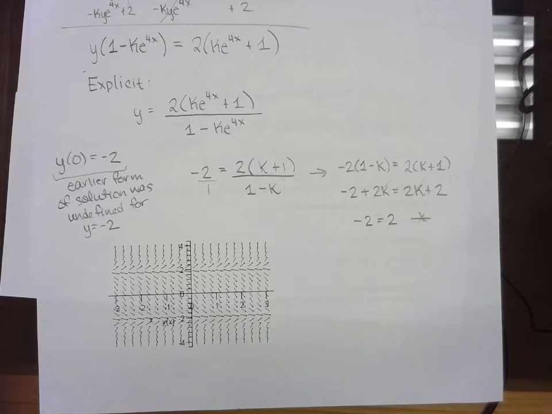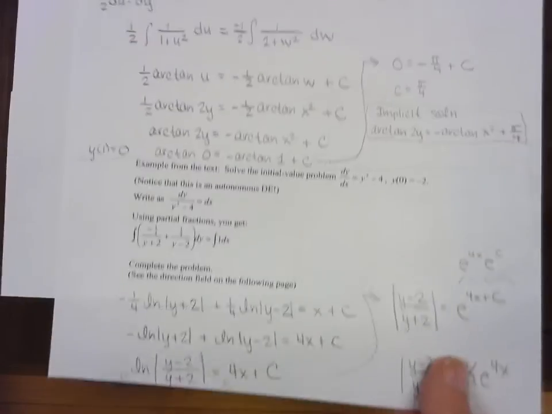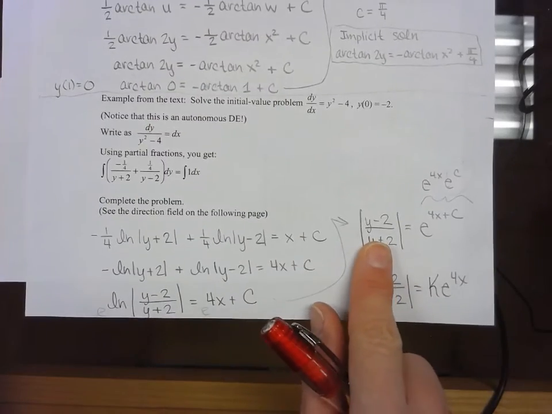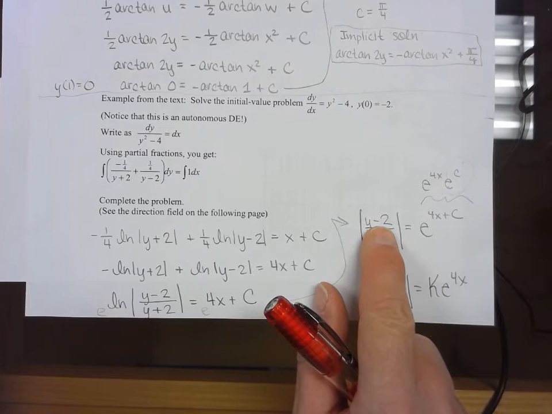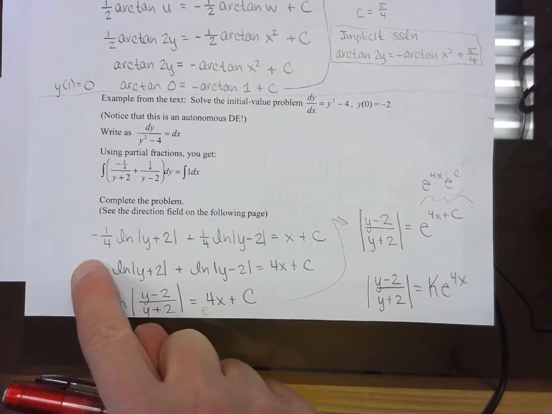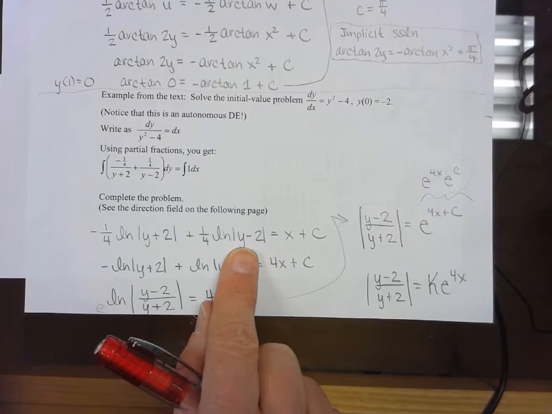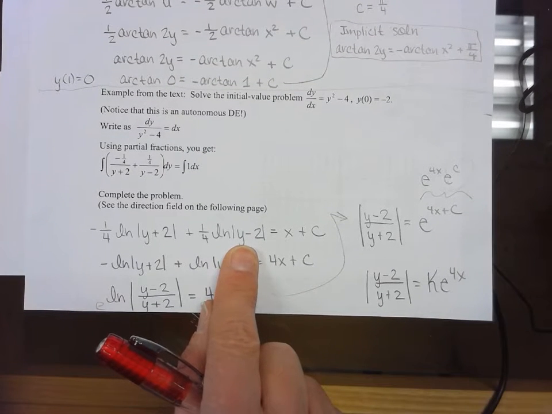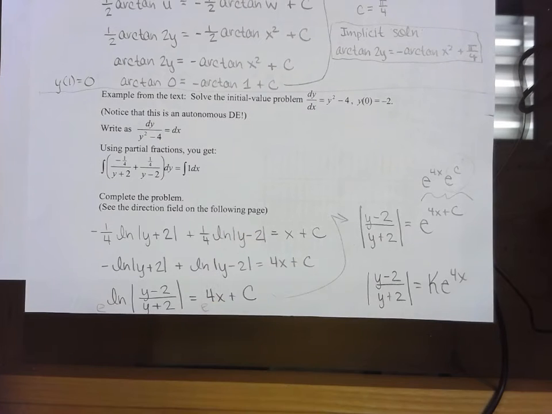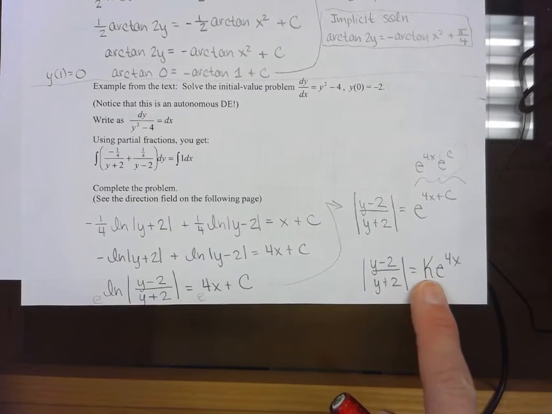So we can't get an explicit form for y equals -2, or even for y equals 2, because you can't take the natural log of 0, right? So we would run into trouble even if y were equal to 2. So we're not able to get our solutions in this form for y equals plus or minus 2.